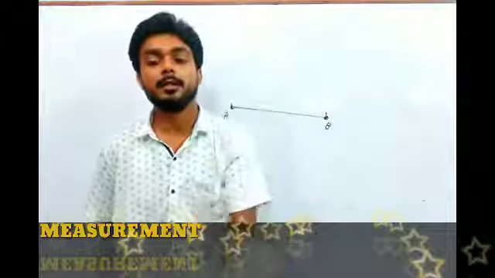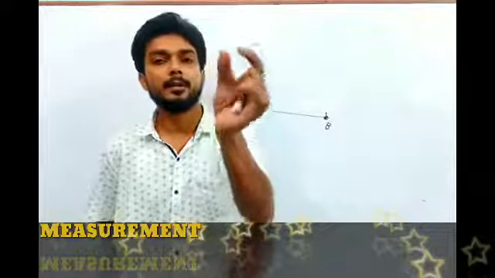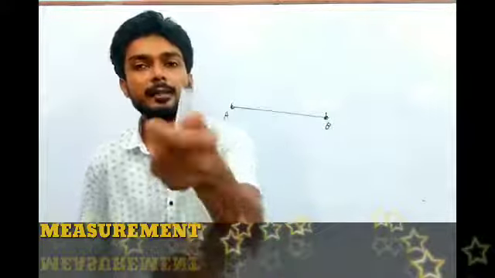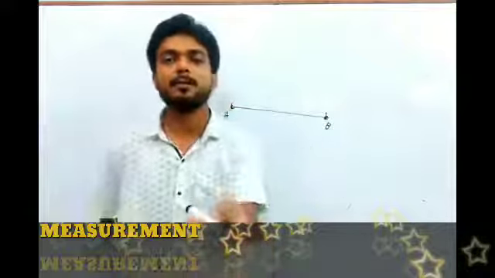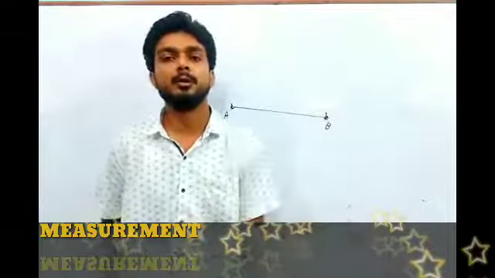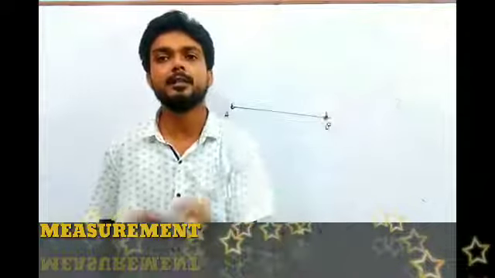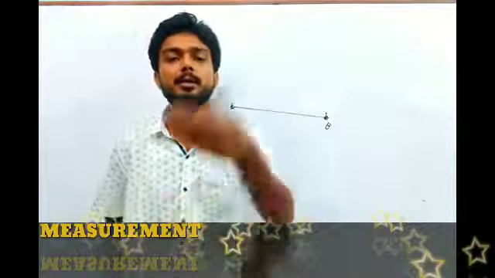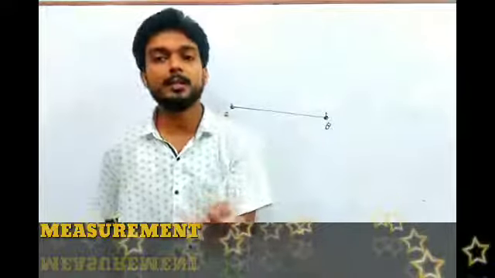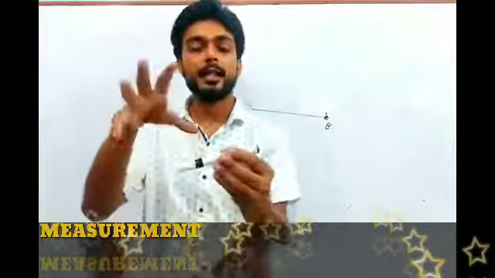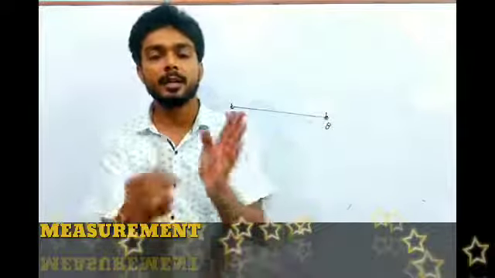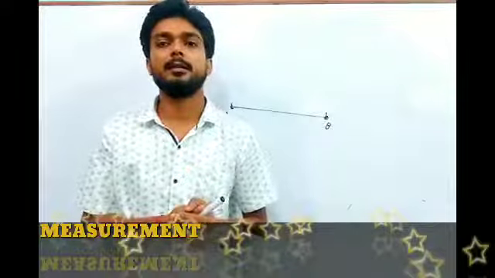If you want to measure a very small object, or the diameter of this marker, we can use a vernier caliper and screw gauge. To measure the radius of curvature of any lens, we can use a spherometer. Such measurements are easily in our access and we can easily measure these lengths using these devices, and these are the direct method.